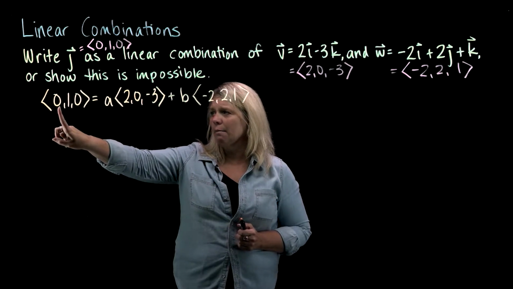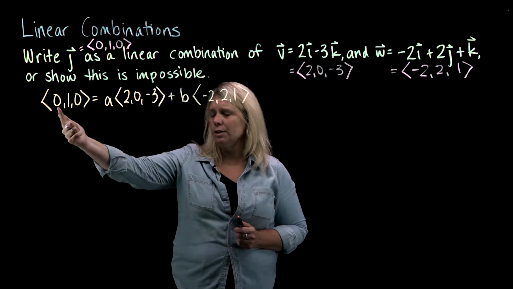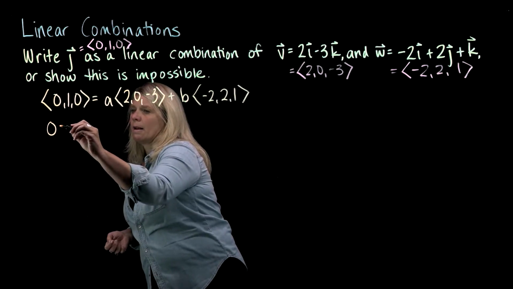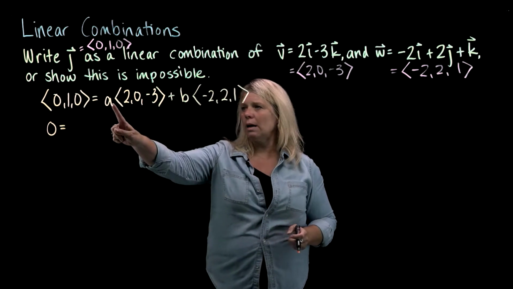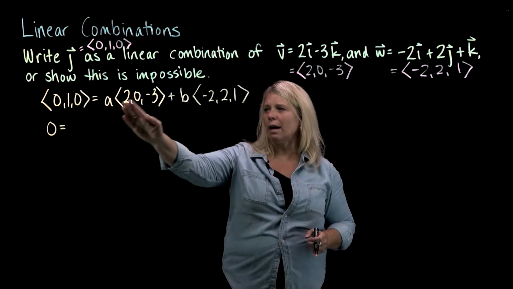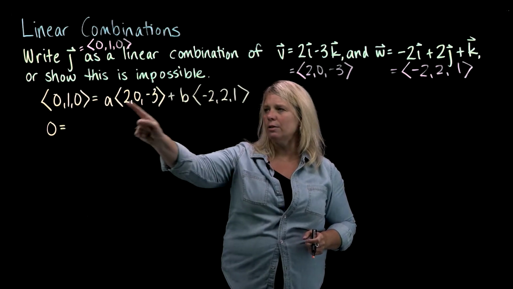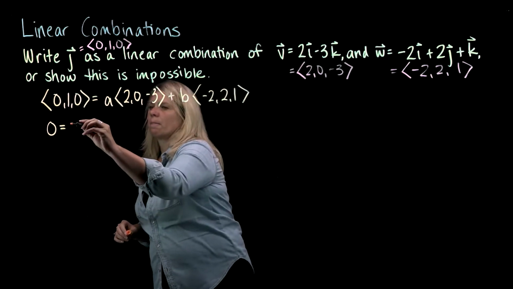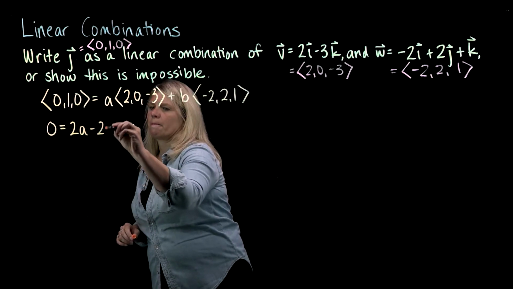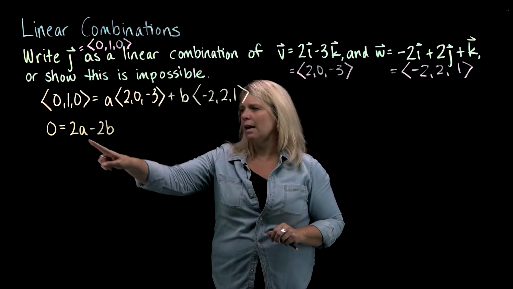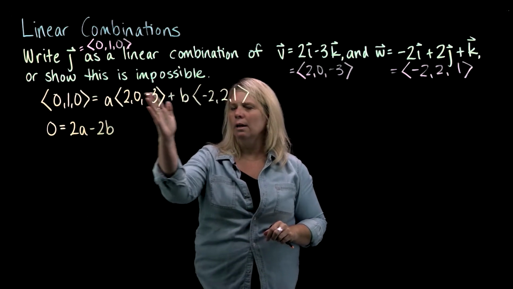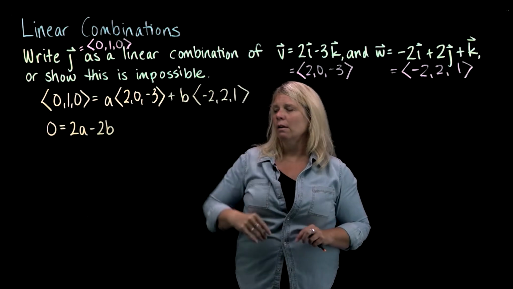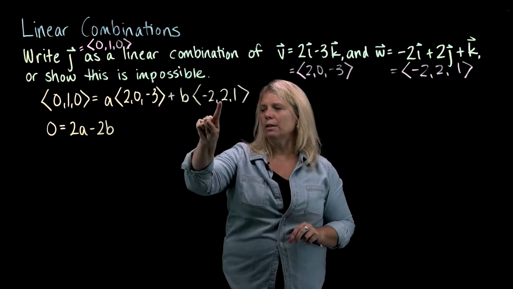So in the I component, or in the first component of these vectors, I have 0, and that would have to equal what I'm going to get in the first component if I simplify and combine these two, 2A minus 2B. Right, so this is all just the first component of the vector on the left side, and then the simplified first component from the right side here, 2A minus 2B.